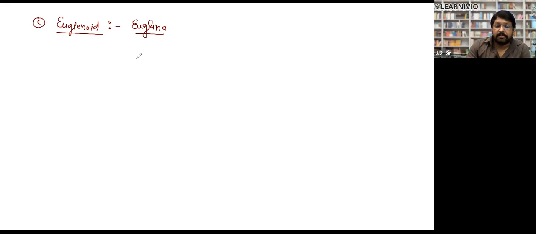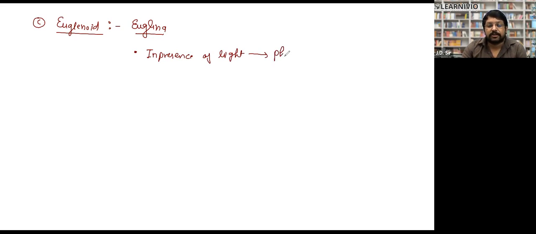Why? Because in the presence of light, Euglena performs photosynthesis and makes food. We call this kind of nutrition autotroph.